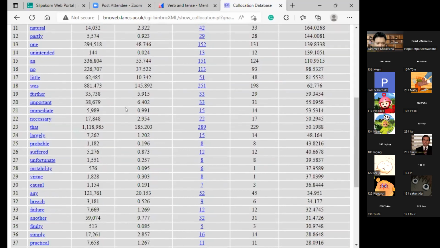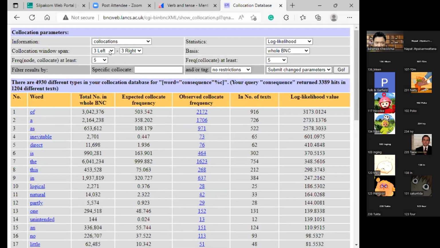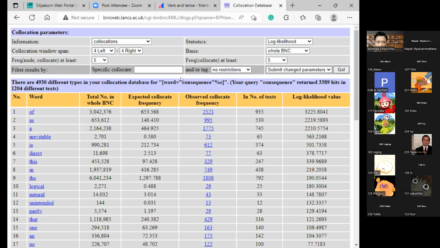So we can make changes here. We can make it bigger or smaller. Like we can expand to 4 to the left and, oops, sorry, 4 to the right, and then we can just click on it and we get a new result. So that's how we do it with the BNC.